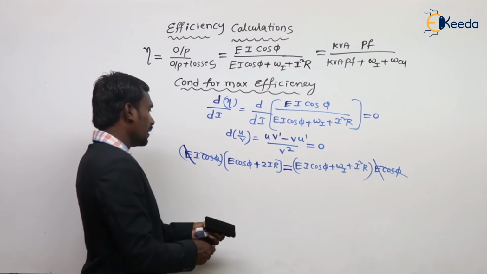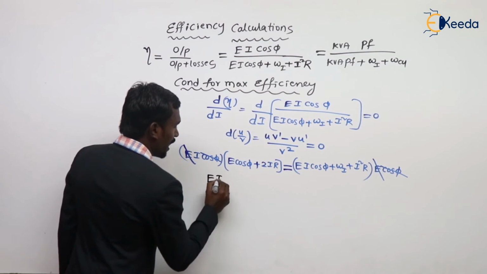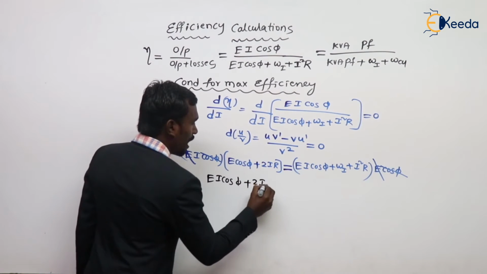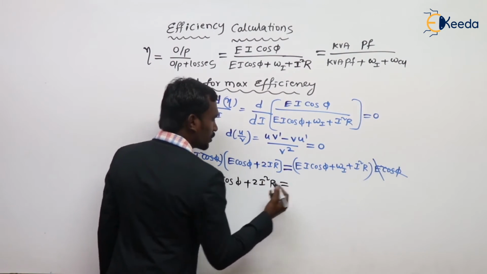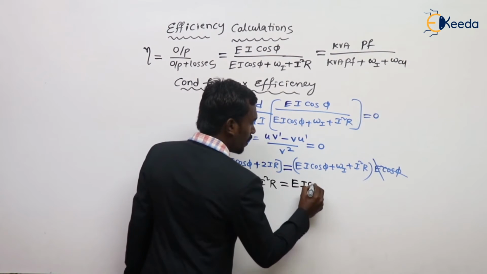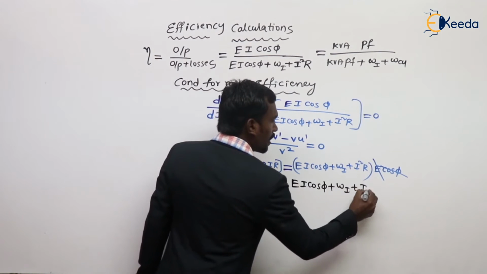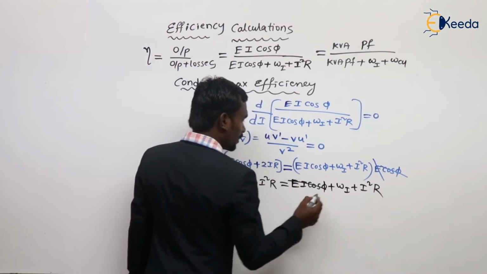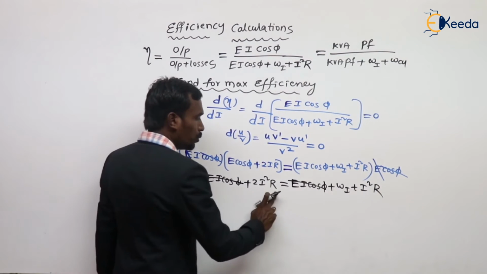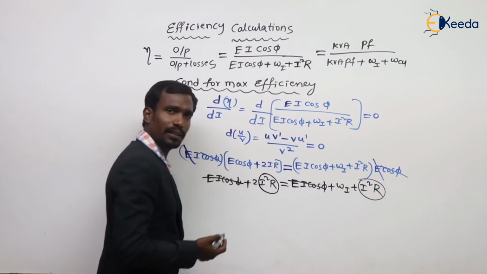See what happened here: EI cos phi plus 2I square R is equal to, on this side, EI cos phi plus iron losses plus I square R. EI cos phi gets cancelled out. Here 2I square R is there, and here only 1 I square R is there.